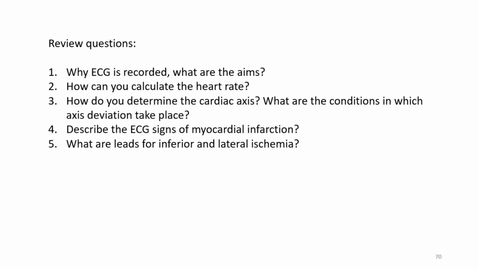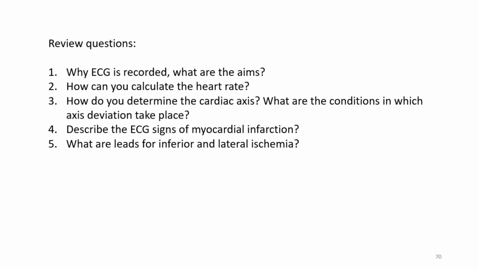And why is an electrocardiogram recorded? What are the aims? Now the review questions. Why record it if the patient's heart is beating normally? Is there a rhythm problem, or is there any ventricular hypertrophy? Also, is there any myocardial infarction or ischemia, or is there any reflection of blood potassium and calcium level changes?